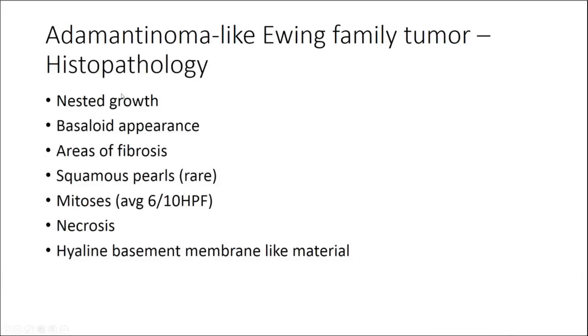Histologically, as we saw in our case, there is nested growth, a very basaloid appearance, areas of fibrosis, and sometimes you can see squamous pearls. So you might be thinking of a squamous cell carcinoma, but it may actually be this lesion. There is mitotic activity, necrosis, and, as we saw in our case, hyaline basement membrane-like material in the epithelioid type cells.